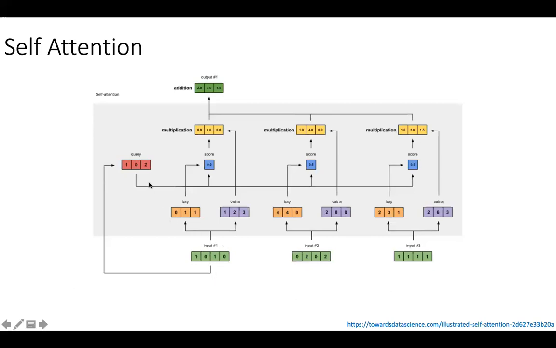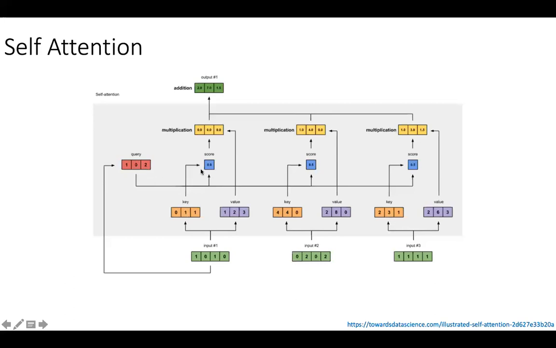So the query vector of that input will be multiplied by the key vector of each one of the inputs, and we just take the dot product. Here we can again use any scoring function. Let's say we are using the dot product.